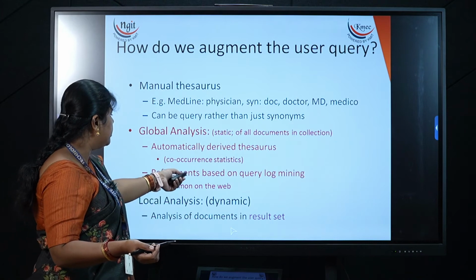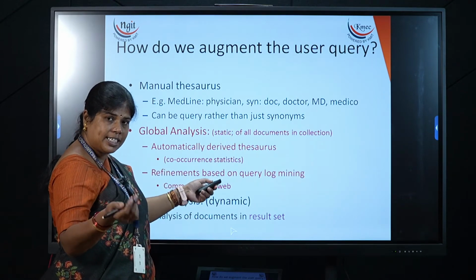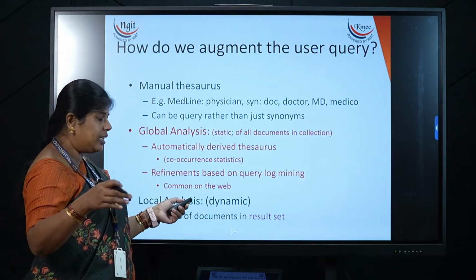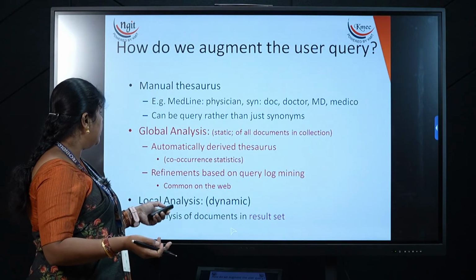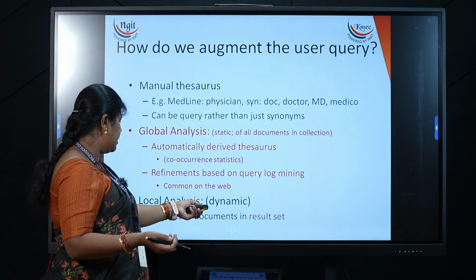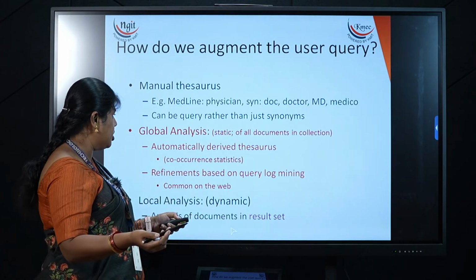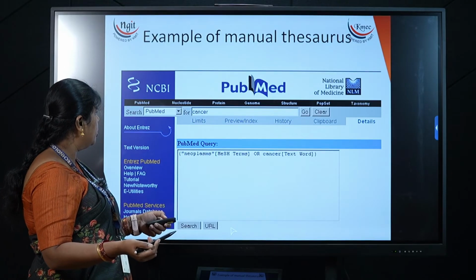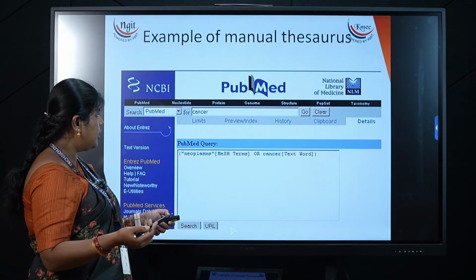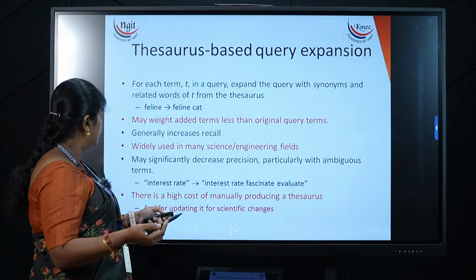And here I am refining the existing query. Though I am expanding, I am refining the existing query. It may even perform local analysis, that is dynamic, meaning my documents retrieved will change, my result set will change. So, this is another example of your thesauri.